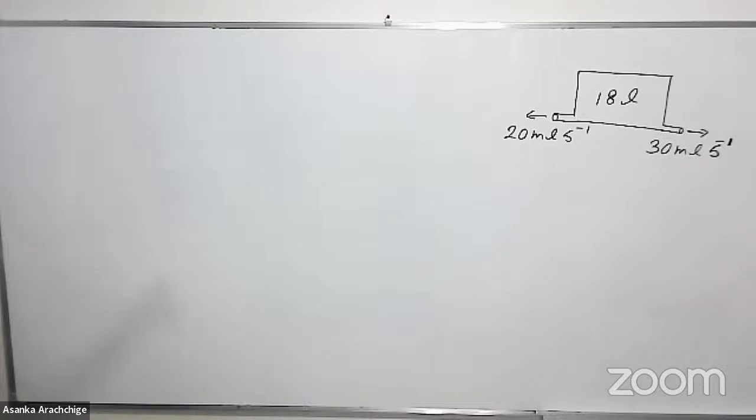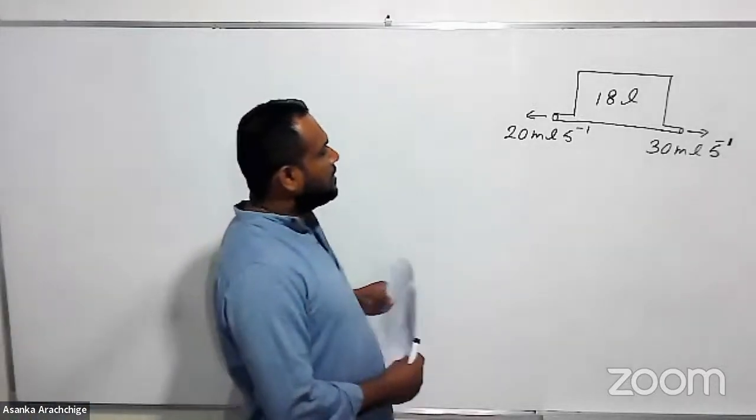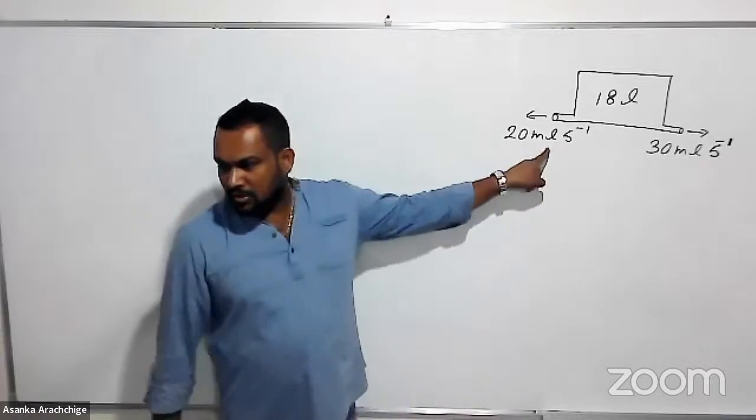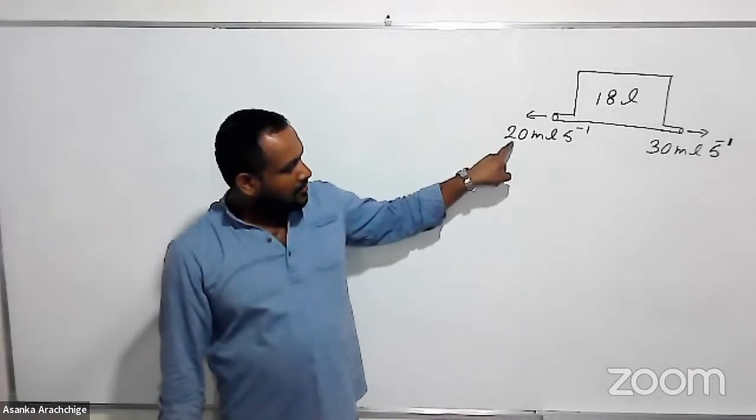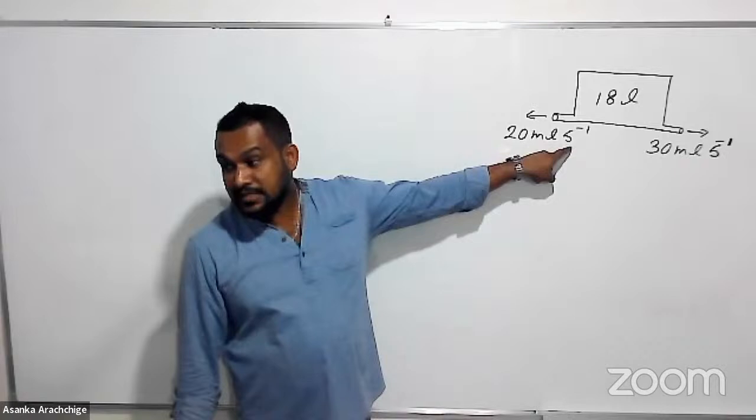There are two gates. From one gate, water goes out at a rate of 20 milliliters per second, I think.